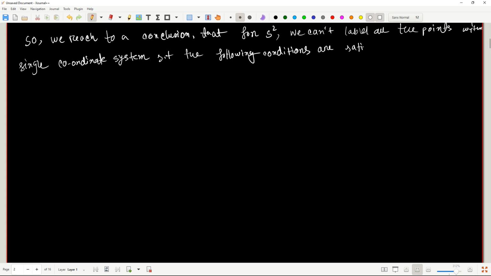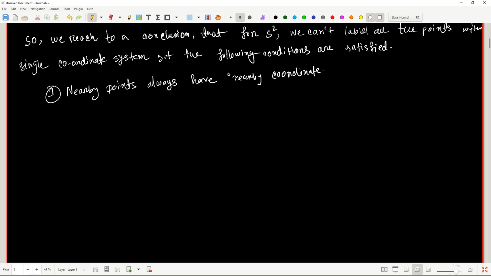The first condition that we were not able to satisfy with a single coordinate is that nearby points always have nearby coordinates. What do we mean by that?